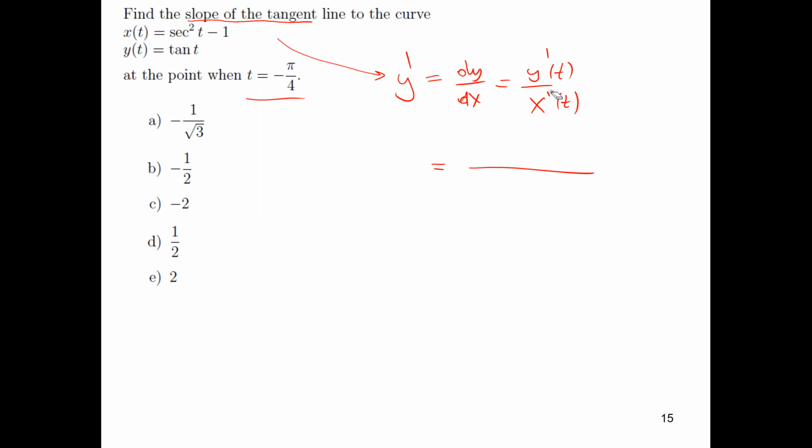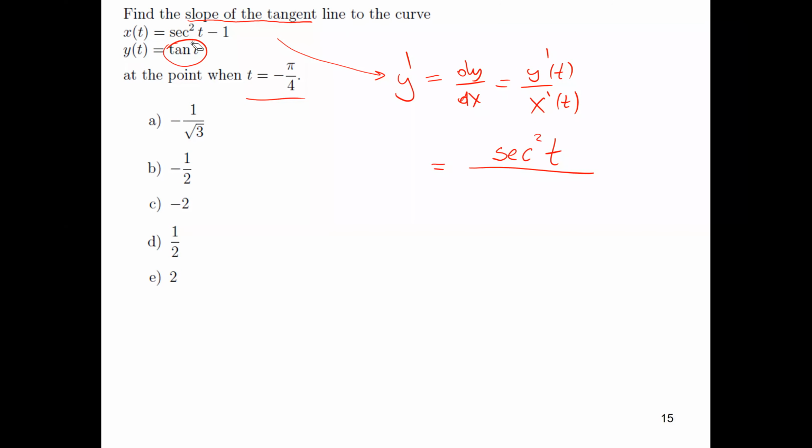Okay, let's start with the derivative of y: tangent t. What's the derivative of tangent? Who can tell me? Are you typing? Okay, secant squared of t, really good. We're done with the y. Now we have the derivative of x, which is defined as secant squared of t minus 1. The derivative of 1 is 0.